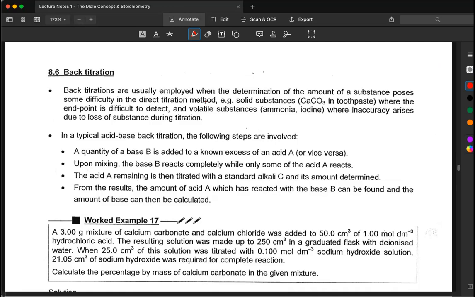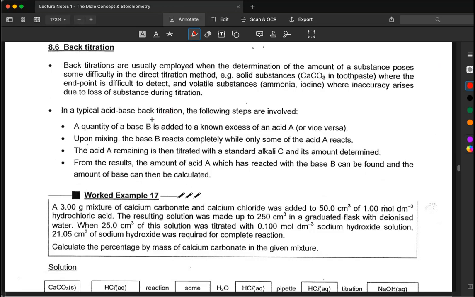Or you want to find out the amount of volatile substances like ammonia and iodine. Because these are volatile substances, they will be lost during titration and the accuracy will be affected. So what we do in acid-base back titration is that we add a quantity of, let's say, base B to a known excess of acid A, or vice versa.